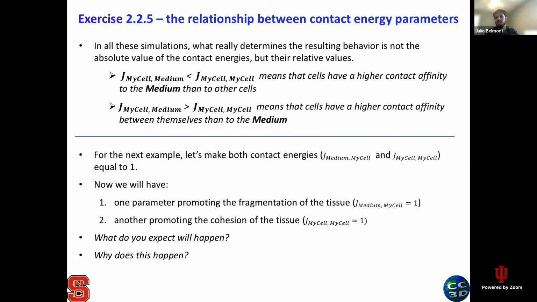So Julio said, maybe same as having 10 and 10, okay? What do you guys think? Do you think that is reasonable or not? Or maybe the tissue breaks into clusters, okay?